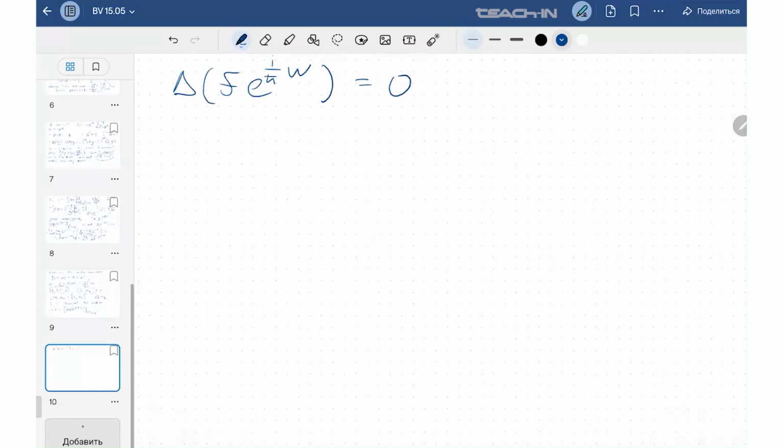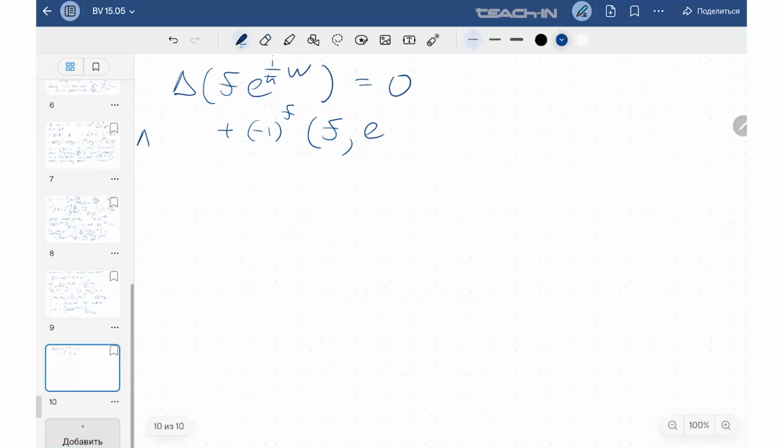So let's compute. It's simple. So we get delta F plus, there are going to be 3 terms, right? Oh, sorry, I forgot to write here.